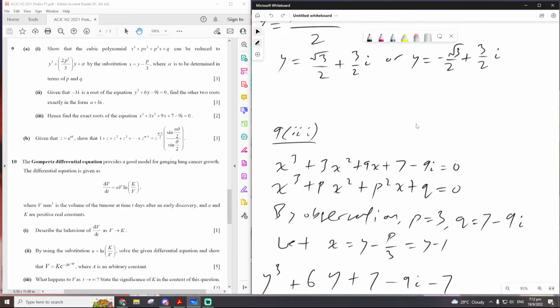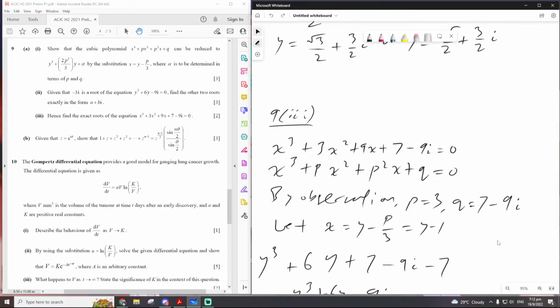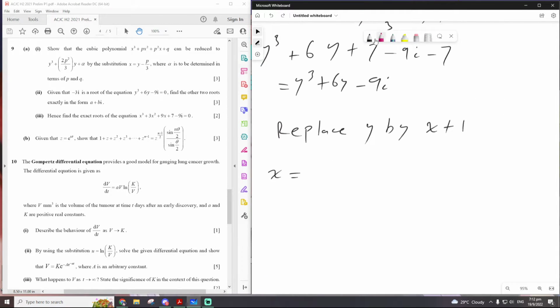So it's root 3 over 2 minus 1 plus 3 over 2i, or x equals negative root 3 over 2 minus 1 plus 3 over 2i. Okay?